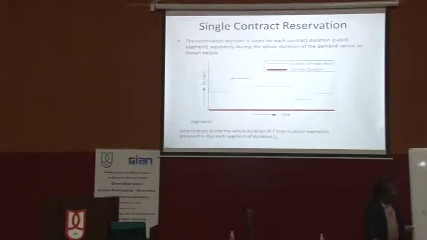Now, when you write a contract, you don't actually get this. You only get T. So what this algorithm is saying is that partition this into some segments based on some historical data that's available. You see the curve like this, that is actually what you have already seen before.